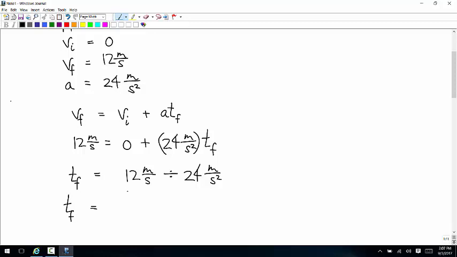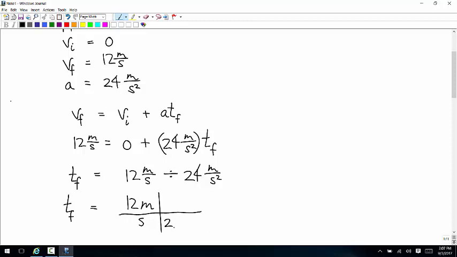Okay, so I'm going to set that up as 12 meters per second is 12 times meters divided by seconds. And to divide by 24 meters per second squared, we're going to switch everything in the numerator to the denominator and everything in the denominator to the numerator. We're taking the reciprocal of it.